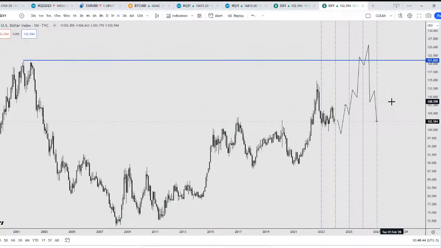But if that holds to be true, this is what I'm expecting. Not fully basing off of his idea of how it's gonna play out, but I think for DXY, this is how it's gonna play out. Something significant is gonna happen in the US, I assume, because we are right around the end of that 8-year cycle.